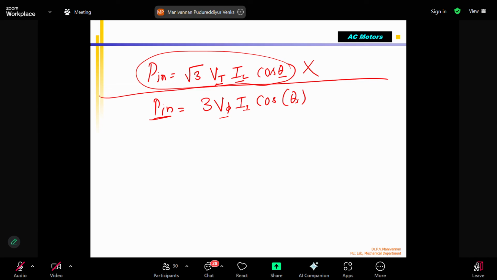P equal to, we are getting V phase voltage and I1 is this current and theta 1 is the phase angle. Then using this formula, the power supplied can be computed.